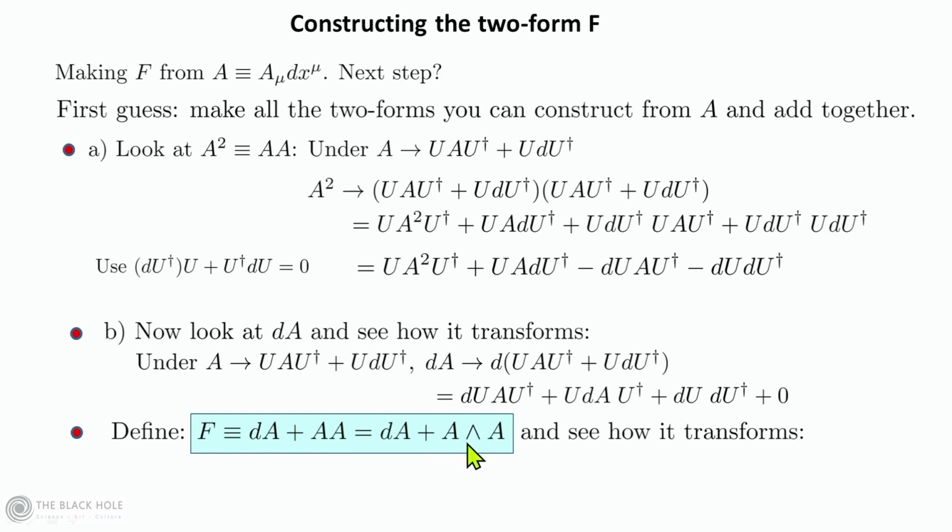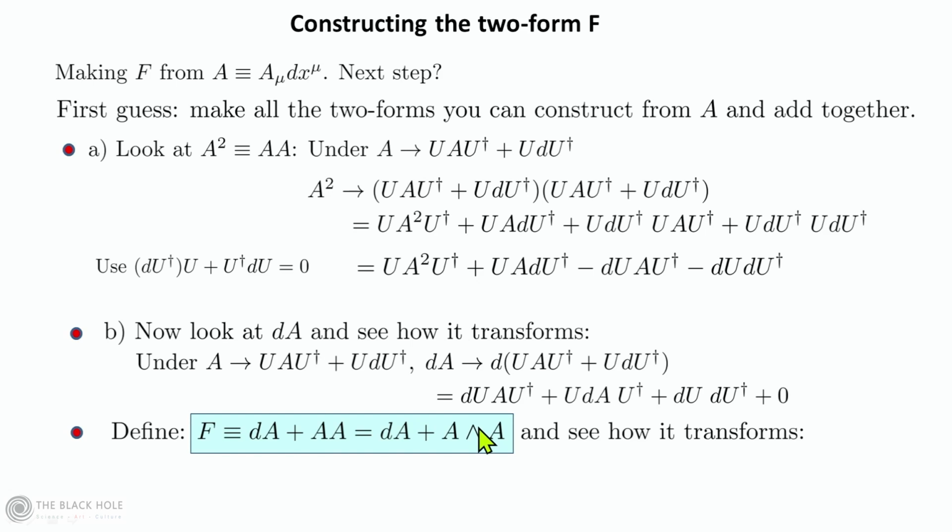I should have said this earlier, that for example, over here, this is A wedge A, but you get tired of writing it, so it's just nicer to write it A A. One just has to remember what is a one-form and what is a component.